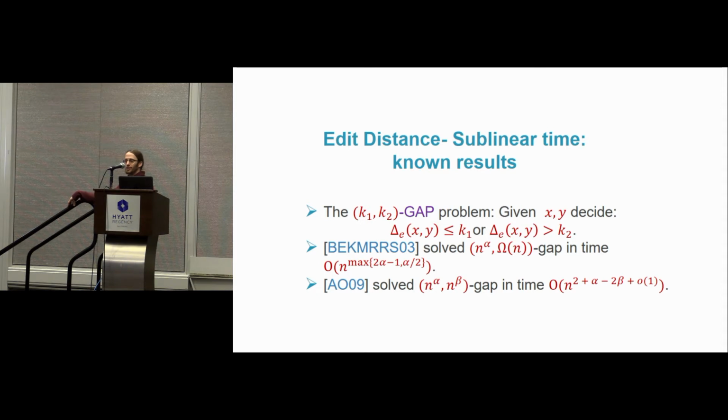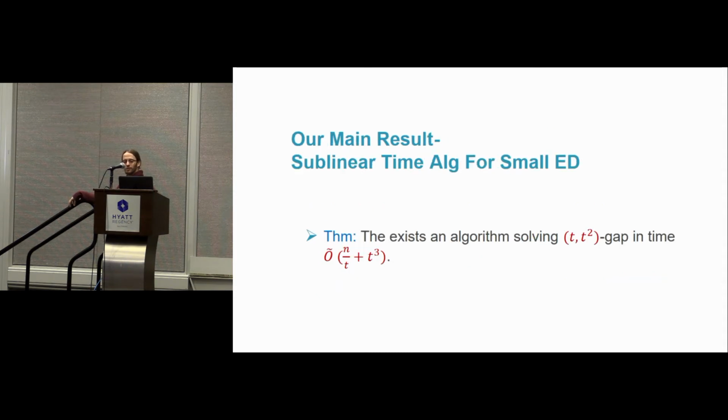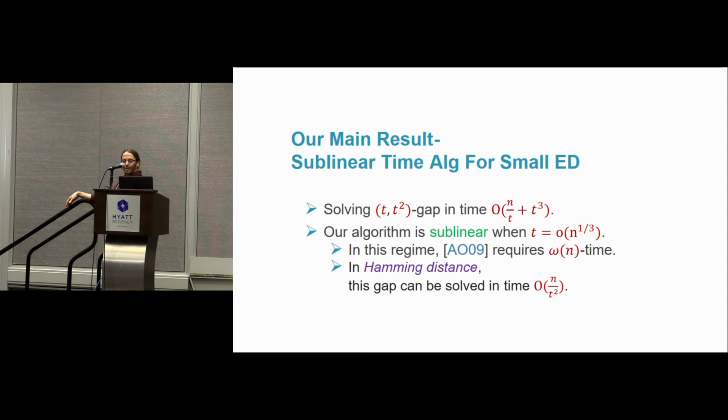So these are the previously known results. And what is our new result? We show that there exists an algorithm that solves the t versus t square gap in time n over t plus t cube.